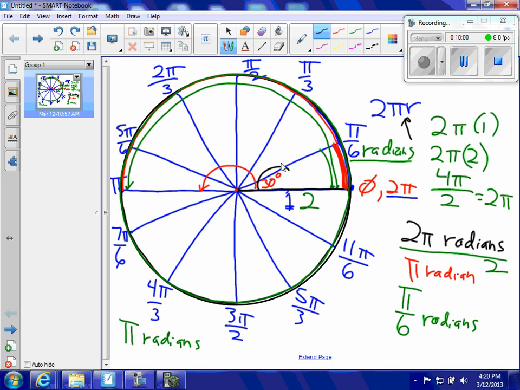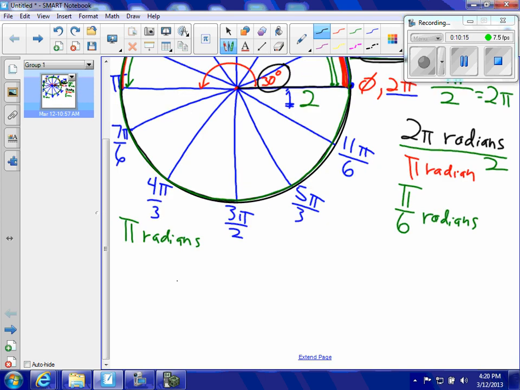I have here a 30-degree angle. That 30-degree angle can be expressed not only in degrees, it can also be expressed in radians. So, let's extend this here a little bit. A 30-degree angle is the same thing.